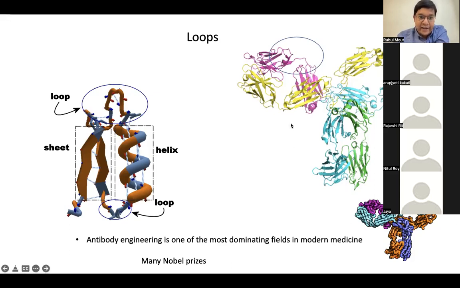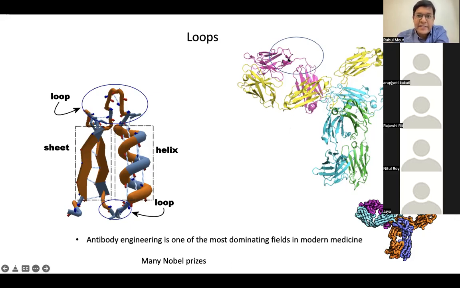Here is an example of an antibody, and we'll come to what antibodies are. This antibody has all these loops, and the loops are basically connecting all these secondary structures, beta strands mostly here, and there are alpha helices as well.